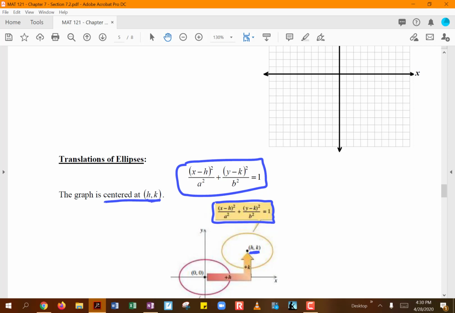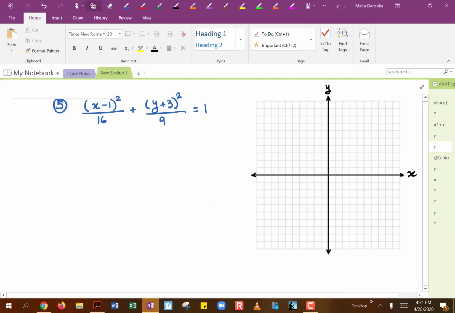So basically the idea is, and you've seen this when we talked about transformations, when we talked about the equation of a circle back in chapter 1, when it's x minus h, that means h itself is a positive number. When it's y minus k, then again k itself is a positive number. So if you have a minus sign in the numerator like you have with x minus 1, that means 1 itself is a positive number.